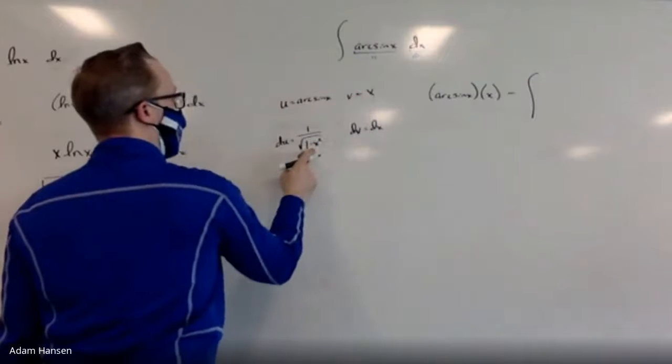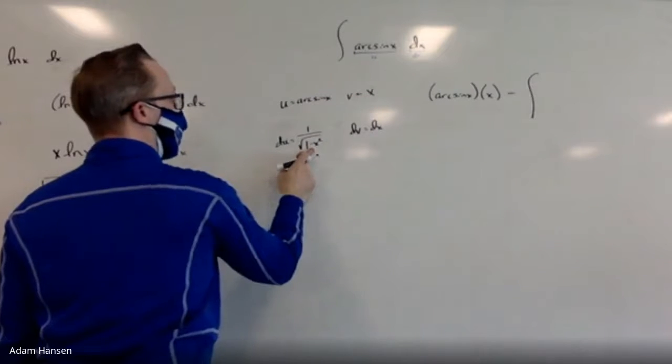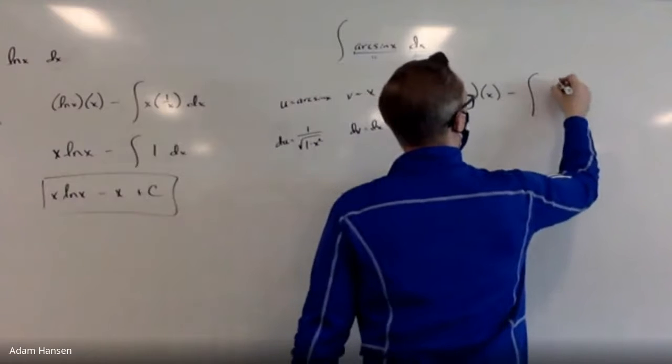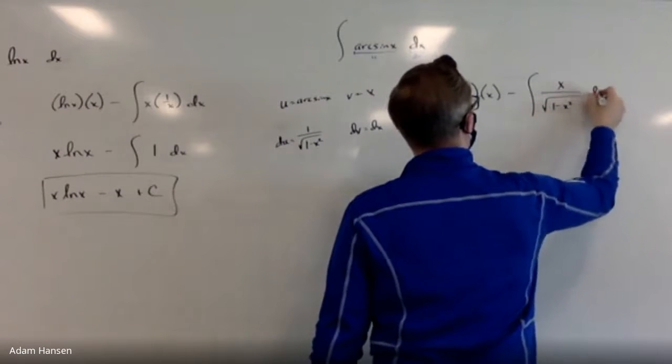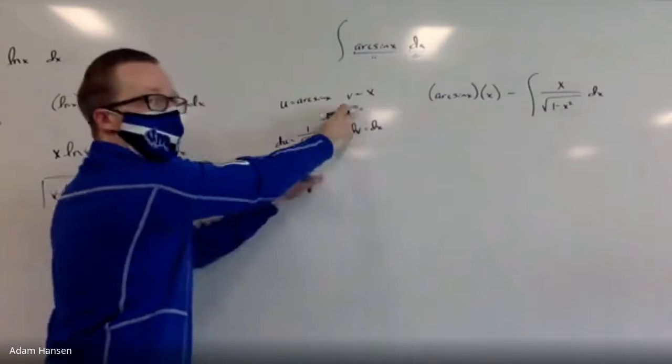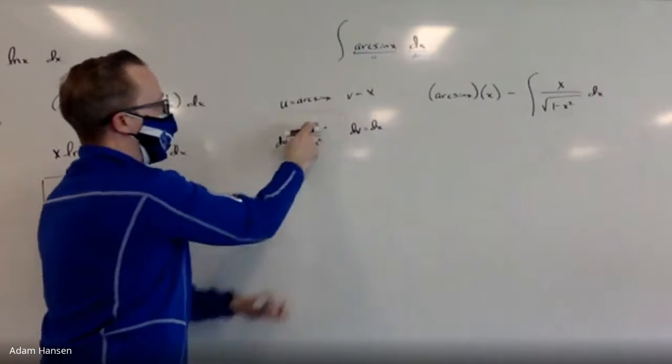X times 1 over root 1 minus x squared would simply be x over square root of 1 minus x squared dx. I just multiplied these two together, put the x on top.